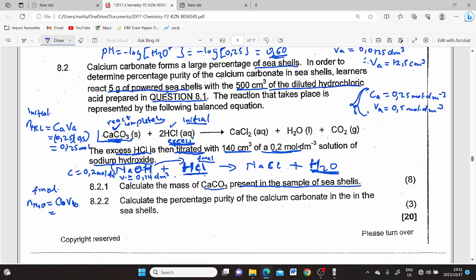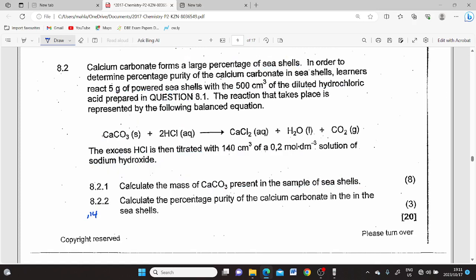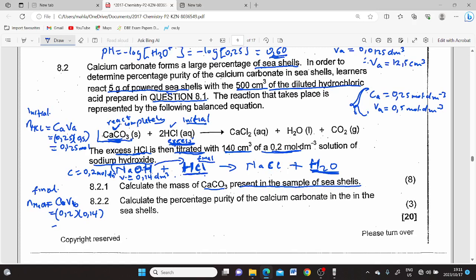For NaOH here, we're given the concentration as 0.2, and the volume is 0.14. When you multiply, we get 0.028 moles.